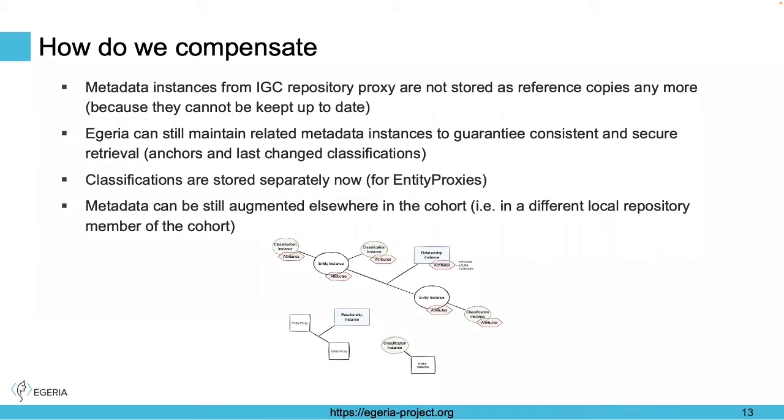This is still possible, but for this we also needed another enhancement, and that is that we are now storing the entity proxies. We are storing the classifications also for entity proxies, because we don't have the full entities or copies of those. And with this, we are, as stated, still able to augment and make use of consistent access to metadata.